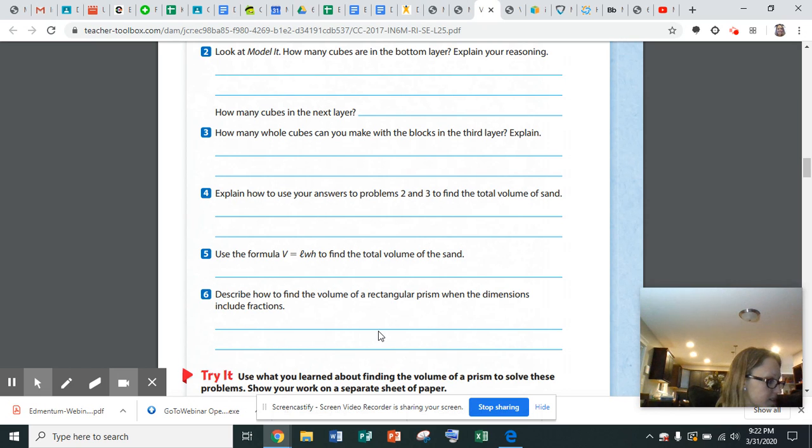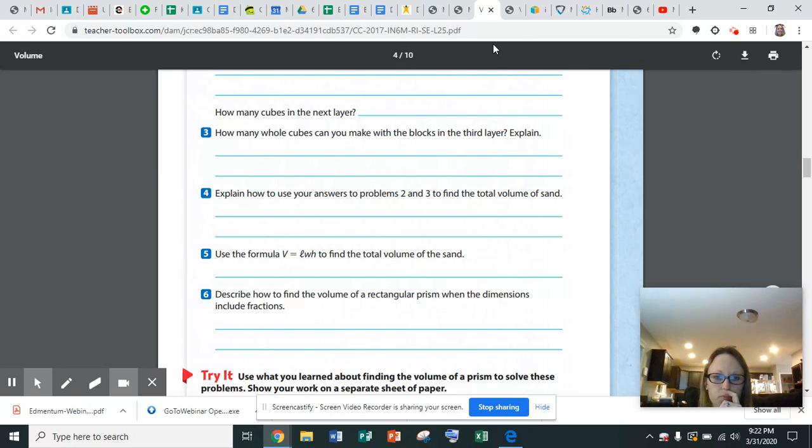So you got the same answer when you multiplied in number 5 as you did when you took each layer and then added them together. Okay, number 6 says, describe how to find the volume of a rectangular prism when the dimensions include fractions. When you multiply fractions, you multiply straight across.